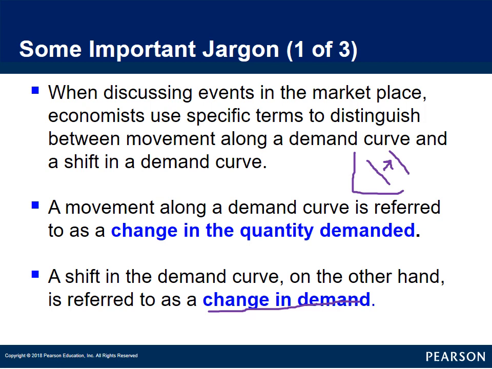Now, another term here, change in quantity demanded, that's just when a particular person or market moves along the curve up or down. So that's different than a shift in the demand. So that would just be a distinction for you to make: movement along a single demand curve is called change in the quantity demanded, and a shift of the entire demand curve is called a change in demand.